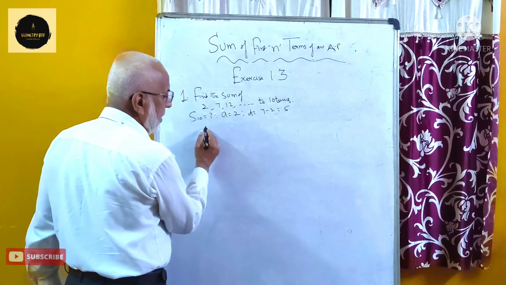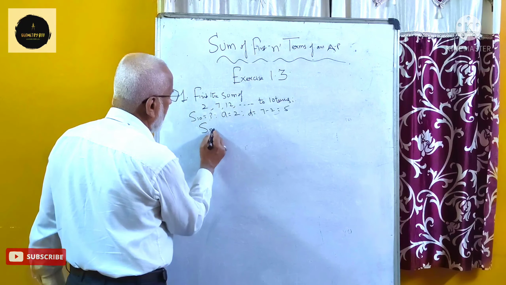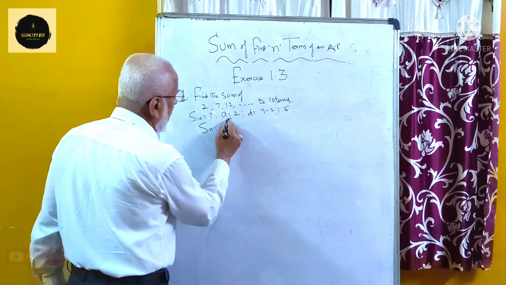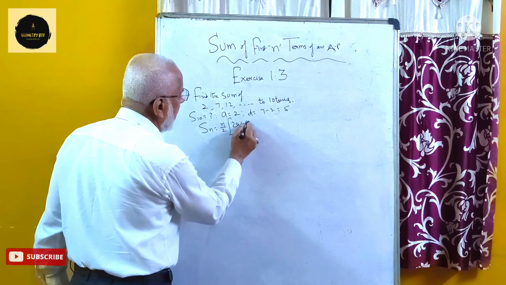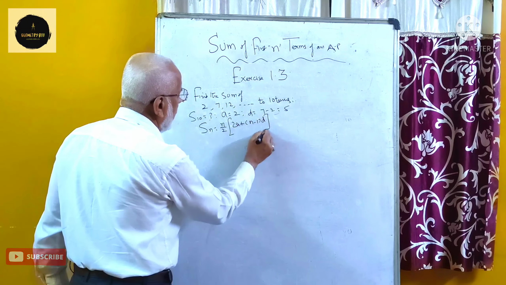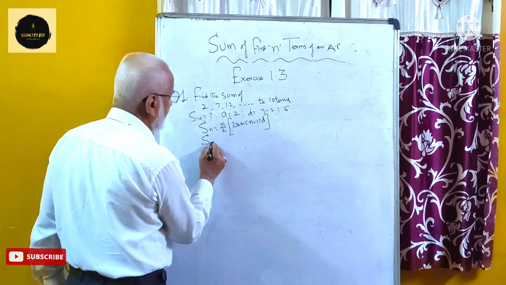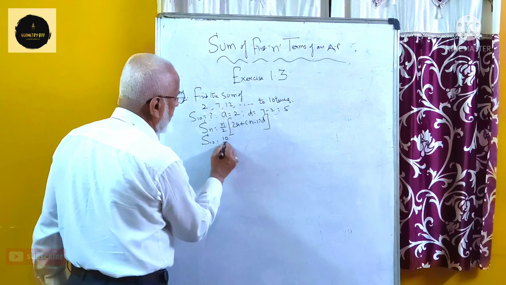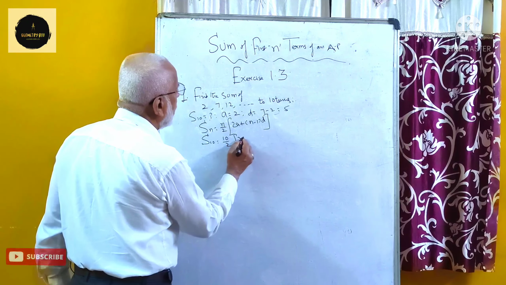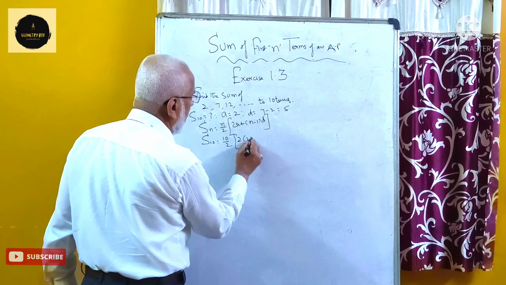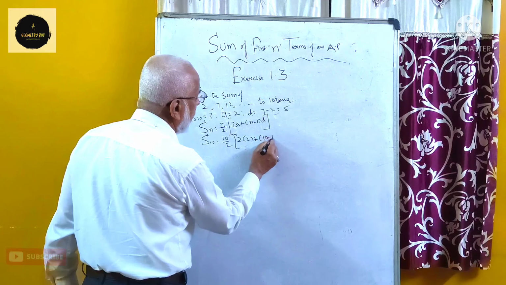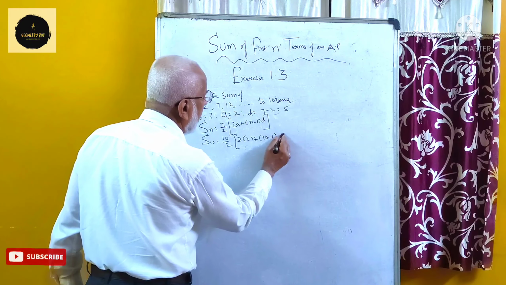Then write down the formula: Sn equals n by 2 into 2a plus n minus 1 into d. Here n is 10, so S10 equals 10 by 2 into 2 into a, where a is 2, plus 10 minus 1 into d, which is 5.